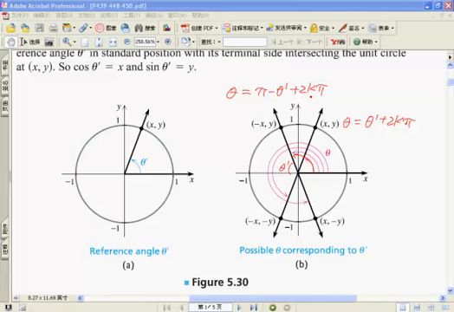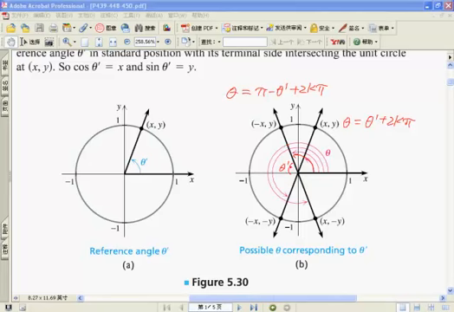So we know the reference angle is an acute angle formed by the terminal side of the angle and one of the x-axis, either the positive x-axis or the negative x-axis, right? So now in this case, if your angle theta is equal to pi minus theta prime plus 2k pi, its position is here, right?